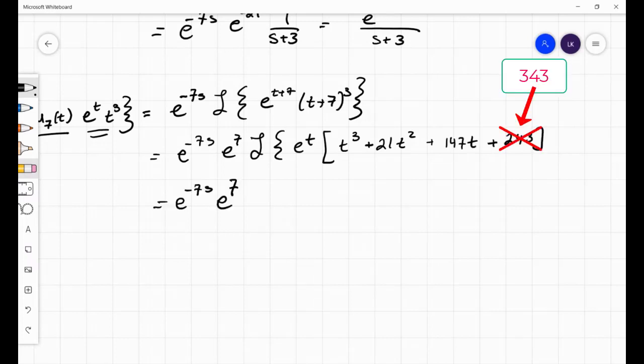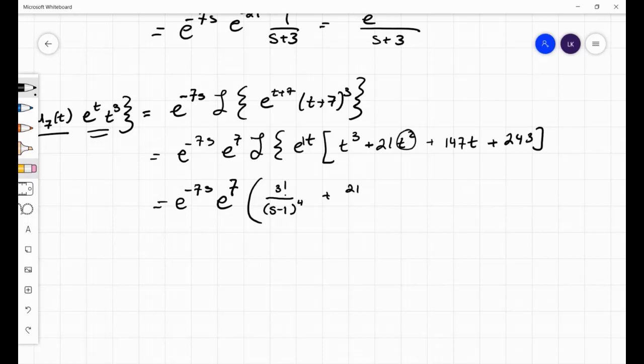But then we know that the Laplace transform of an exponential times this is just going to give you the Laplace transform of t cubed. So that's 3 factorial over s to the power 4, except we replace s with s minus 1. The exponential function gives you a shift. Then we have 21, and then the Laplace transform of t squared, 2 factorial divided by s cubed, except s is replaced with s minus 1.